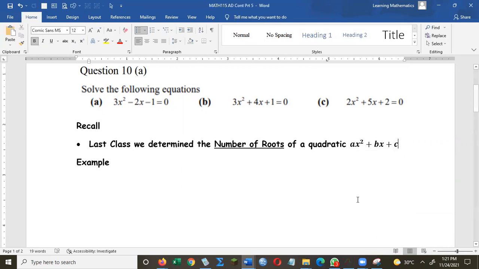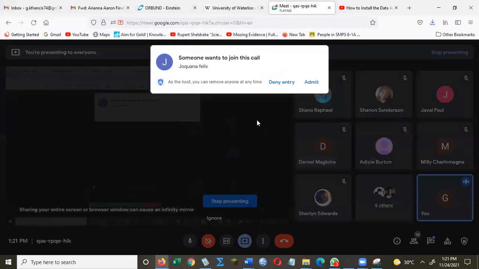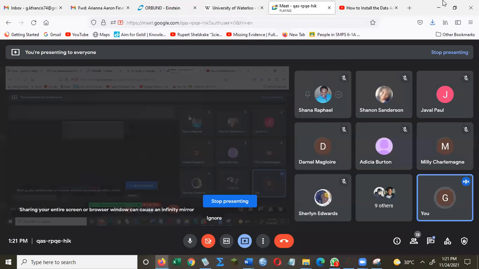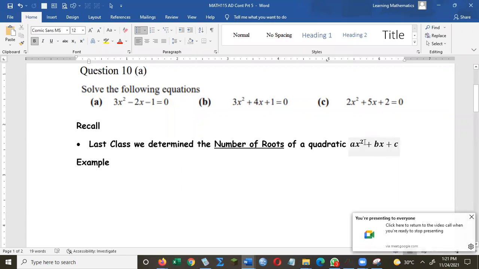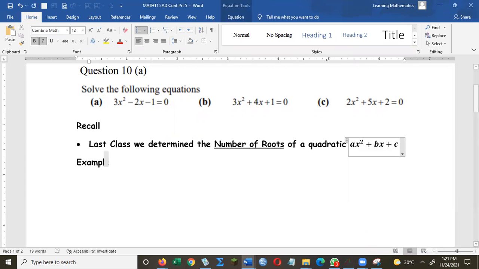When you see a little 2 on the top right corner of the x or any letter, that's a quadratic. If it's a 3, then it's a cubic. But we're talking about quadratic. You can put the equals 0, not necessarily, but you can. It's not really necessary here.